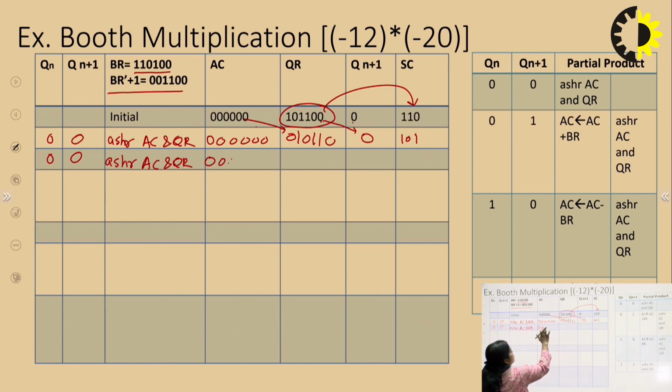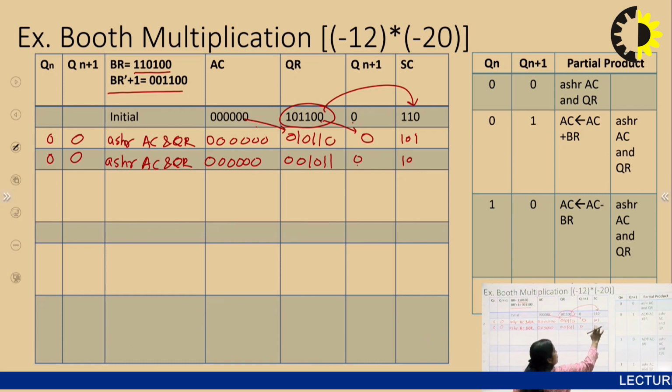So, 1, 2, 3, 4, 5, 6, and this particular 0 comes over here, 1, 0, 1, 1, and this 0 is here. And again the arithmetic shift right is here, 0, 0, 1, 0, 1, 1 is there, this 0 comes over here. The 5 bit is there, this is the 6, 5, and now the sequence counter minus 1.